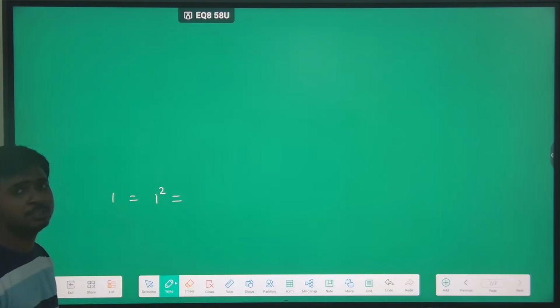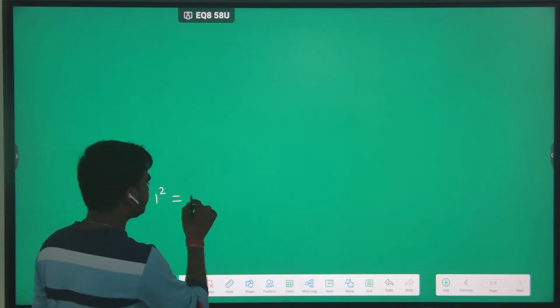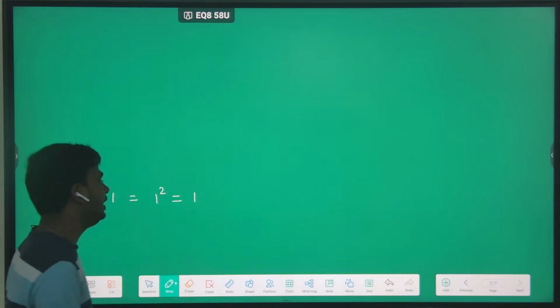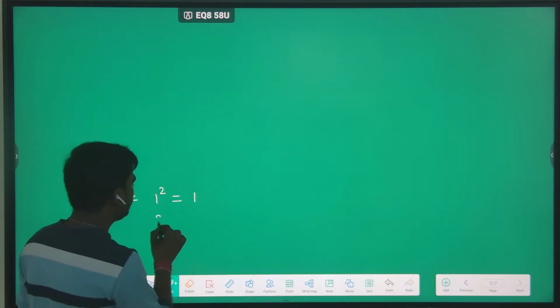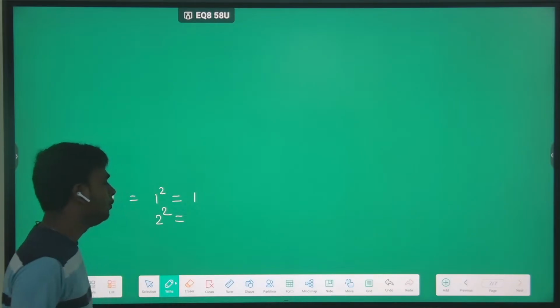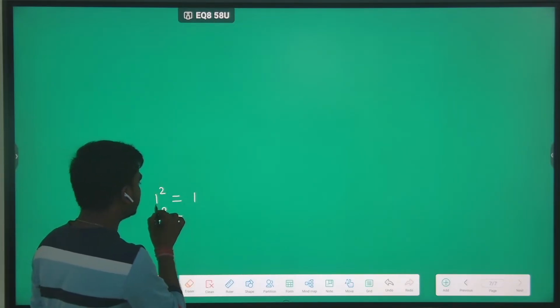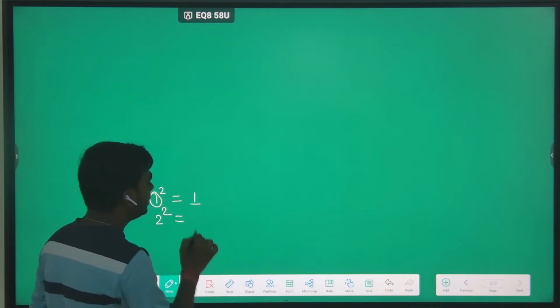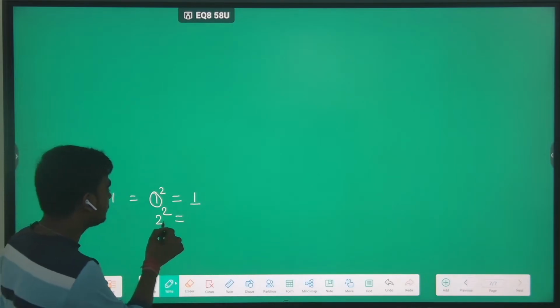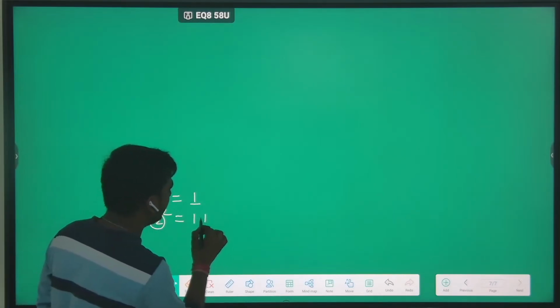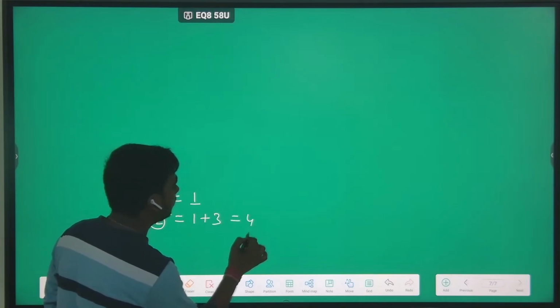So the odd number sum for this will be 1. Similarly, if we are going to find the value of 2 square, what will we do? We will add two odd numbers here, 1 plus 3. So it will be 4.